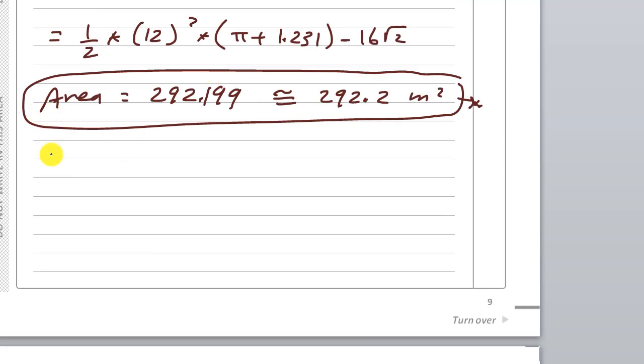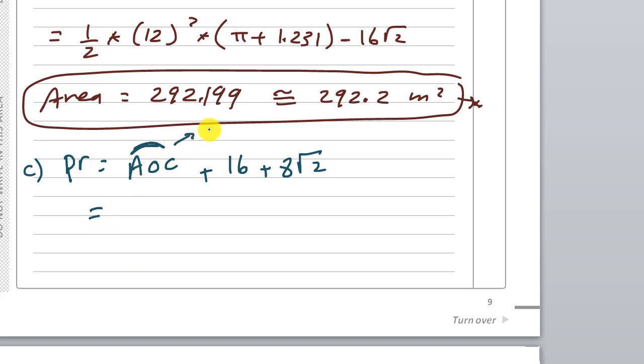This is part C. The perimeter is equal to the arc length of sector AOC plus 16 plus 8 square root of 2. The arc length is r theta, so it's 12 multiplied by pi plus 1.231, plus 16 plus 8 square root of 2.